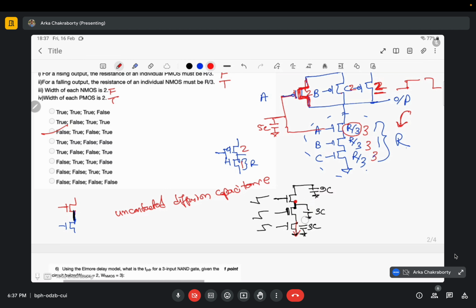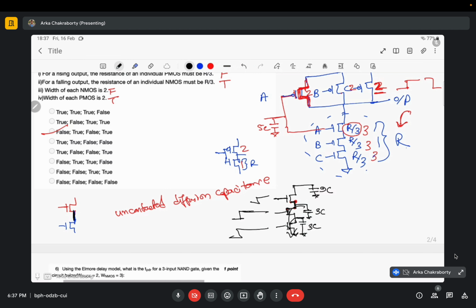I will consider that it is the best case delay. I will be considering that these capacitances are already discharged. That is, this signal came much before this signal, and they have already been discharged.